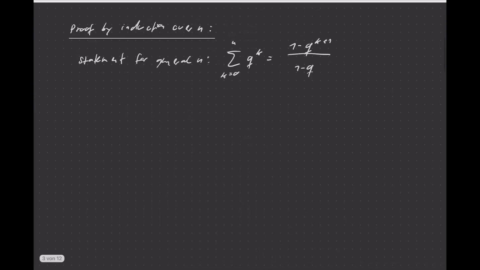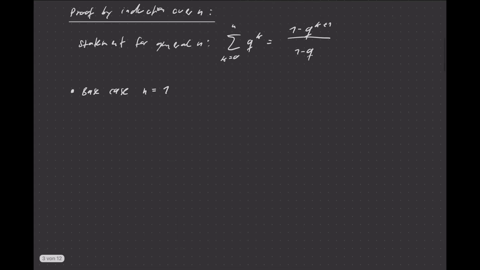And now we start with the base case. And again, if you're doing a proof by induction, please always mention what you're using as the base case. It's usually n equals 1, but it doesn't have to be. There could be different base cases, and maybe other base cases are easier to see.